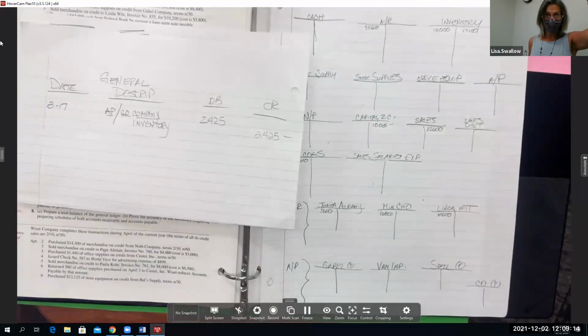Grab your general journal. You've only got one journal entry to post here. It goes directly to your general ledger, but you've also got a subsidiary to worry about here, don't you? So go post that.